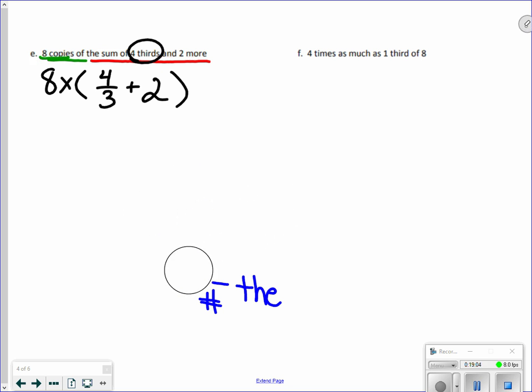Now, there's 2 ways that you could solve this. I chose one way to do it just because I was so bothered by that improper fraction in the middle of the problem, because it was easier for me to solve it by turning this into a mix. You could leave it and add it.